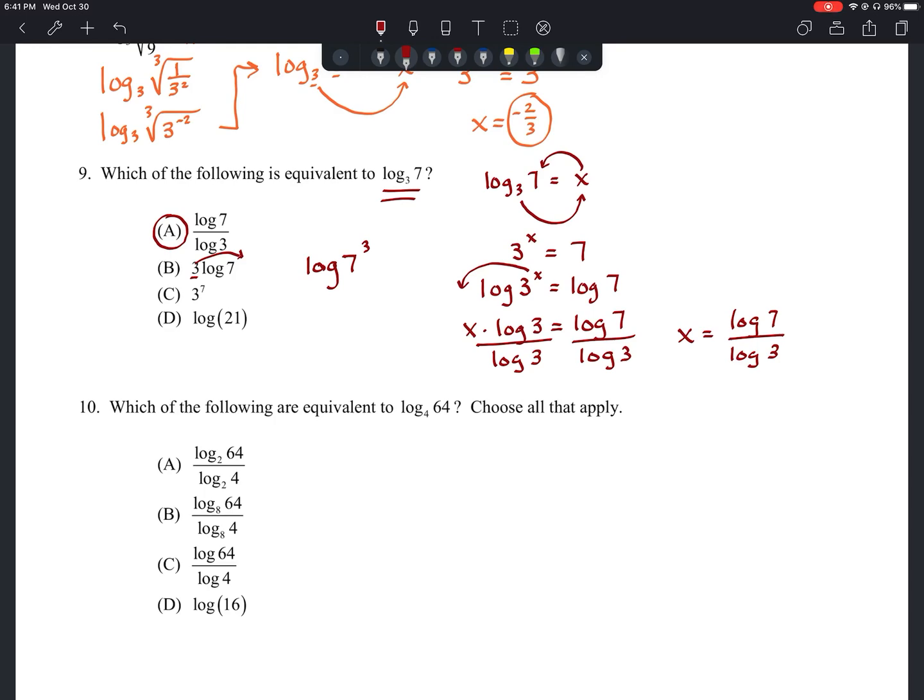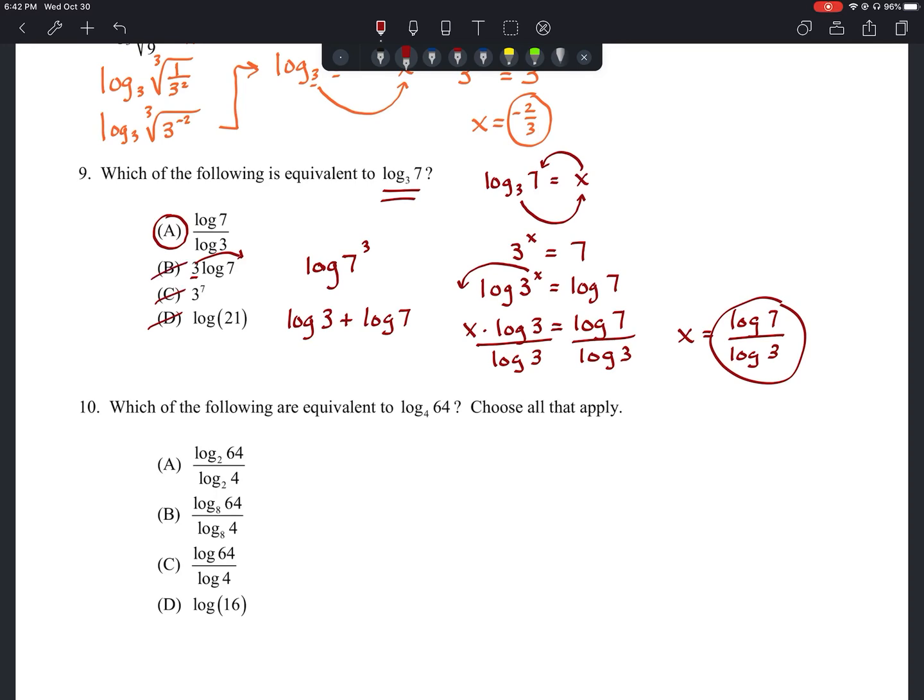And log base 10 of 21 would have had to come from log of 3 plus log of 7, which we can't really get from the expressions that we had there. We had to divide to move our log over. That's where we got this. So D isn't going to work, C is not going to work, and B is not going to work.